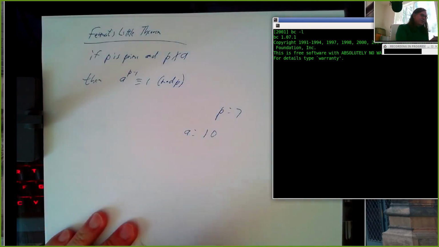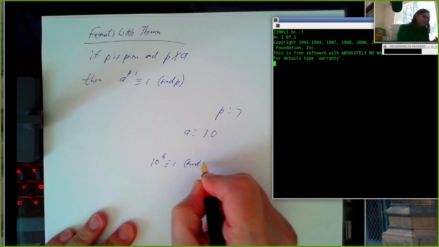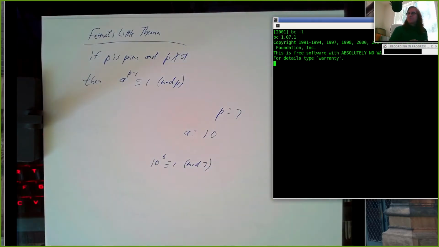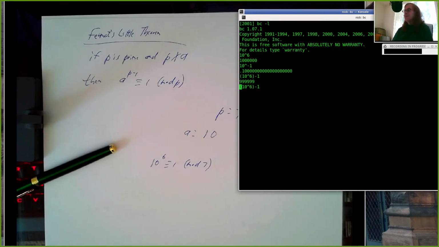And so this theorem asserts that 10 to the 6th should be congruent to 1 modulo 7. So here's 10 to the 6th, here's 10 to the 6th minus 1, and here's 10 to the 6th minus 1 divided by 7, and it's a whole number.